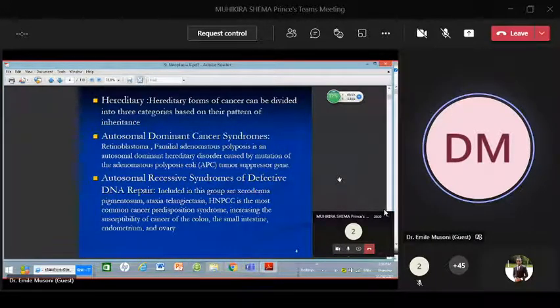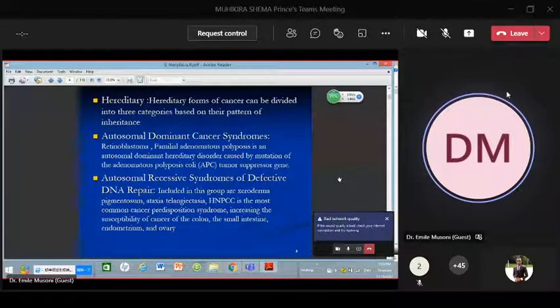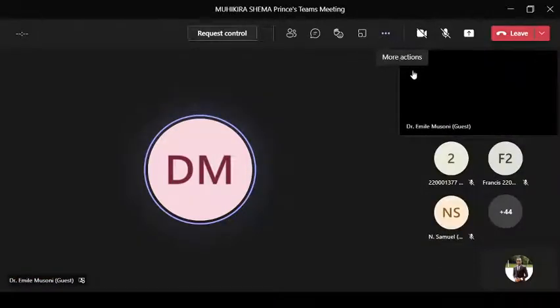Familial adenomatous polyposis is a hereditary disorder caused by mutation of the adenomatous polyposis gene. It is in the colon. Autosomal recessive syndromes concern DNA repair. The group found there is hereditary non-polyposis carcinoma, the most common. It is in the colon, intestine, endometrium, and the ovary.